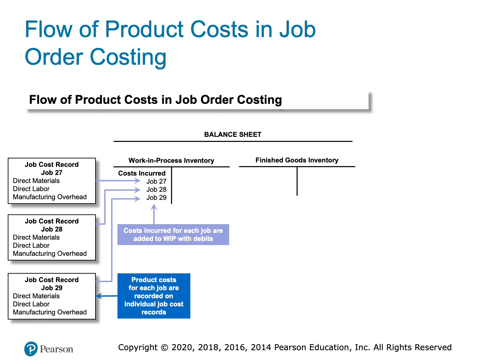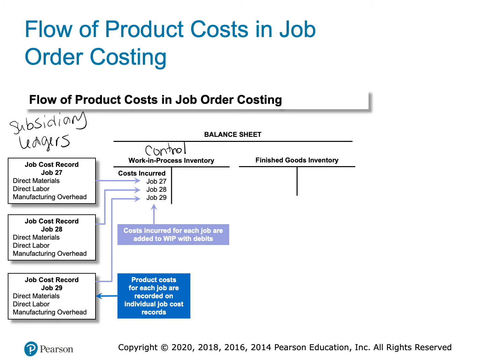And these jobs make up what we call the subsidiary ledgers of the work in process control account. So the work in process account is what we call the control account. The idea is work in process is all of the jobs that I am currently working on.